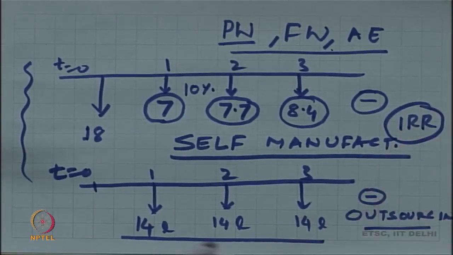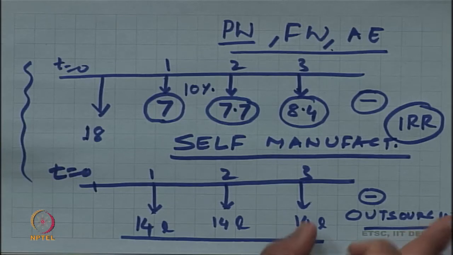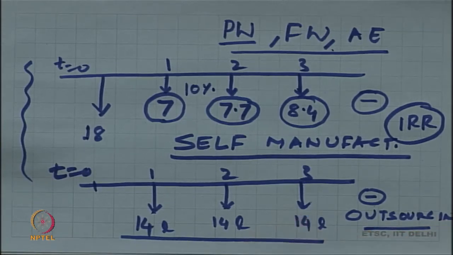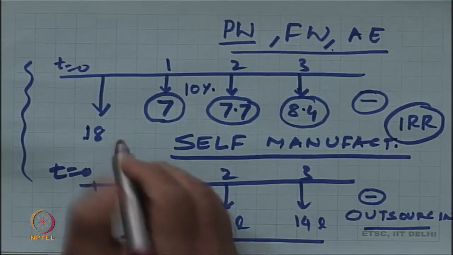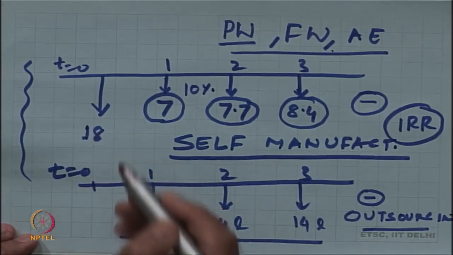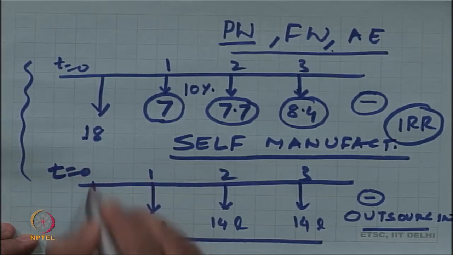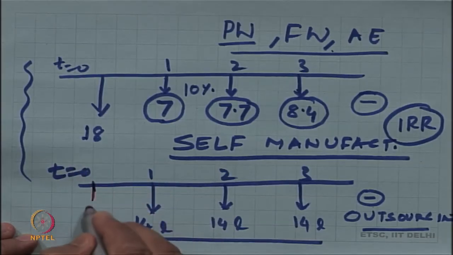So, if you want to use the concepts of incremental analysis, we have to slightly modify the cash flow diagram, and you have to understand it in a slightly different manner. So, what is happening here? We have to understand it like this. At time t is equal to 0, in outsourcing we are not spending any money.